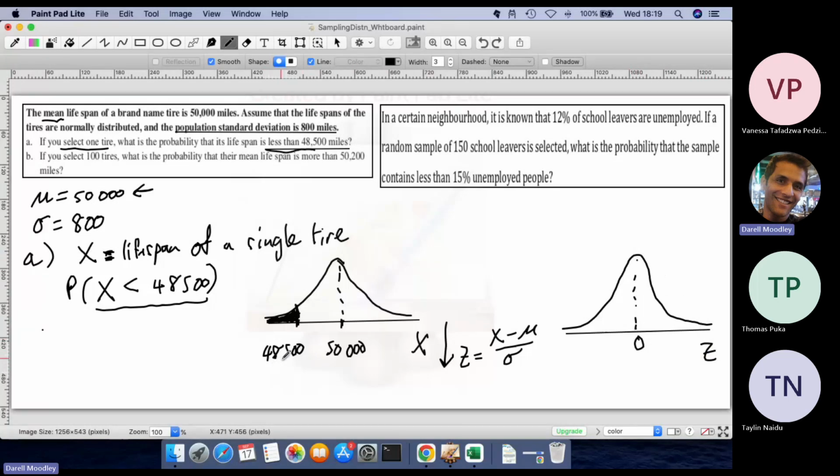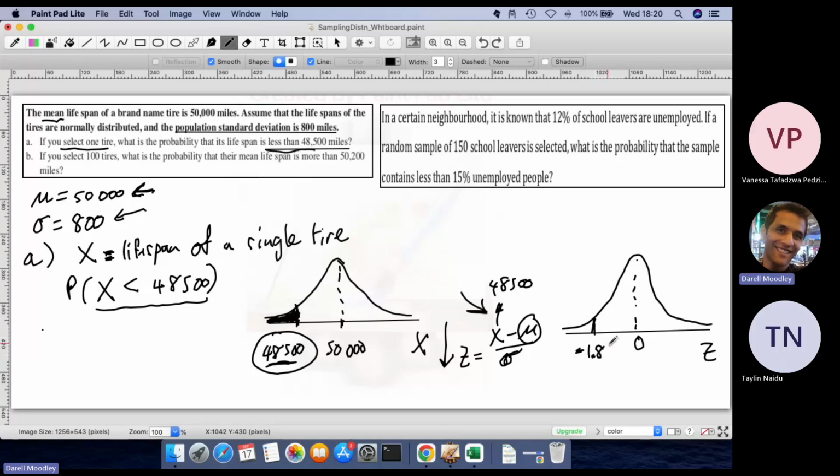Using the formula, I put 48,500 for x, 50,000 for mu, and 800 for sigma. Then 48,500 becomes minus 1.88. And remember, we're looking for the area on the left of it.